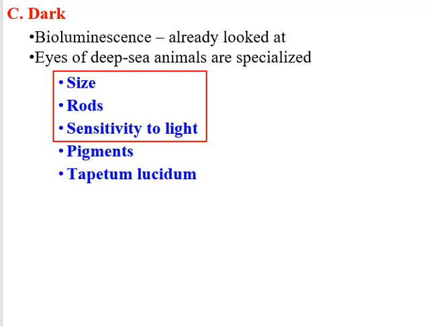One of the mechanisms that a lot of organisms have for living in this area where there's no light from above, which is different than most of the ocean, is bioluminescence. We looked at this already in the open ocean, in the mesopelagic, and the prominence of bioluminescence in those organisms.